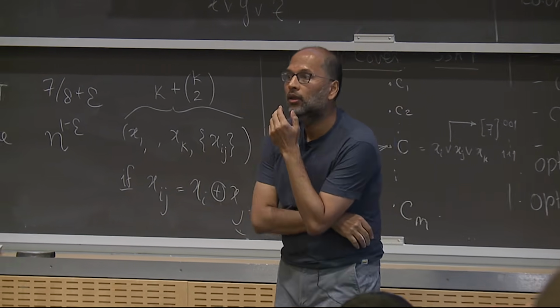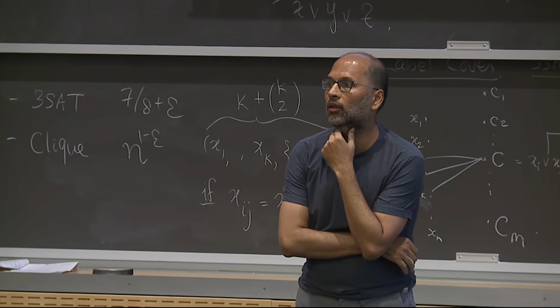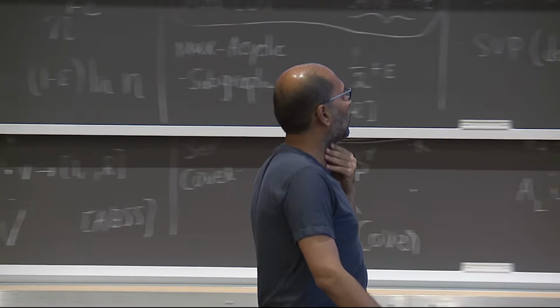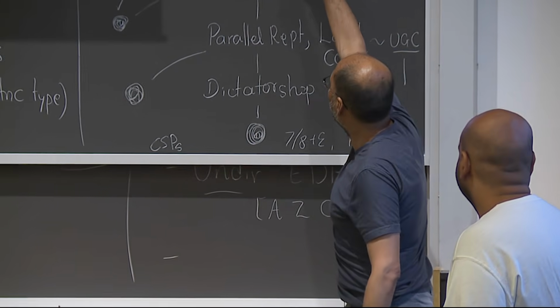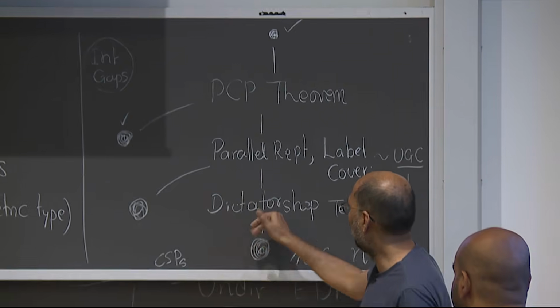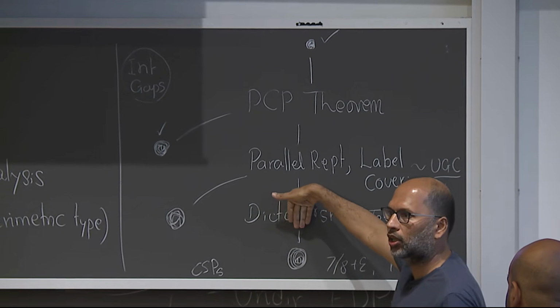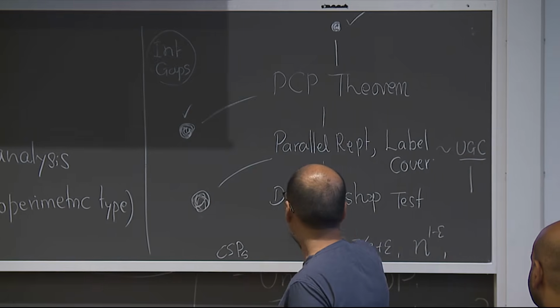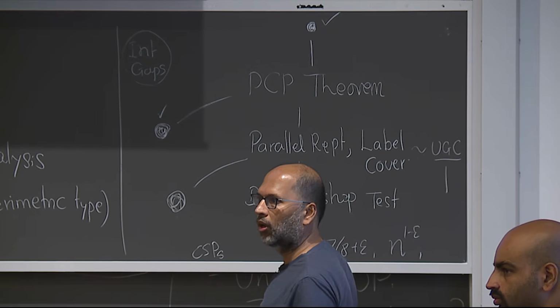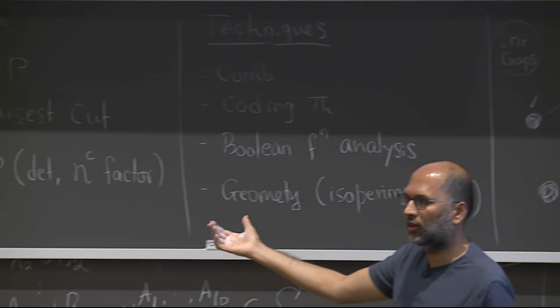Can you comment on the mapping between techniques and the picture? I guess Boolean function analysis goes into the... Yeah, I guess all Boolean function analysis is in this main thread. It really starts at the dictatorship test and below. And about the geometry, the geometry is also in the same thing, because, for example, majority is stablest.